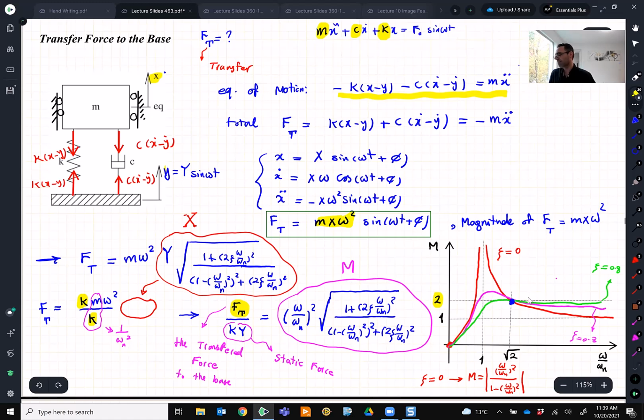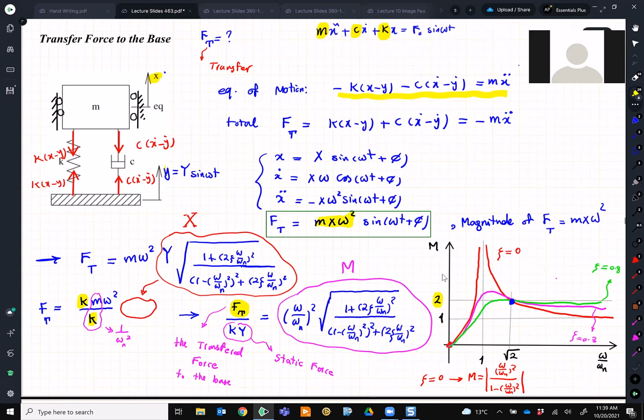I'm just drawing the schematic of them. They are correct, but just to see the exact shape, check the book. So it seems like we'll always get m between 1 and 2 for cases after the square root.